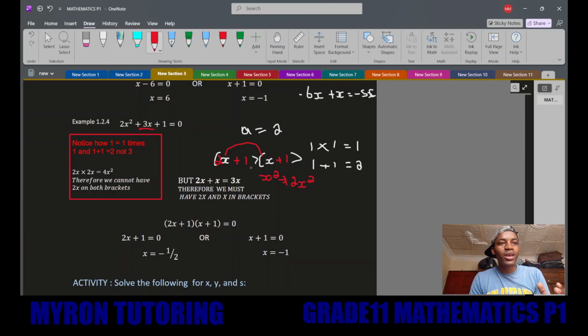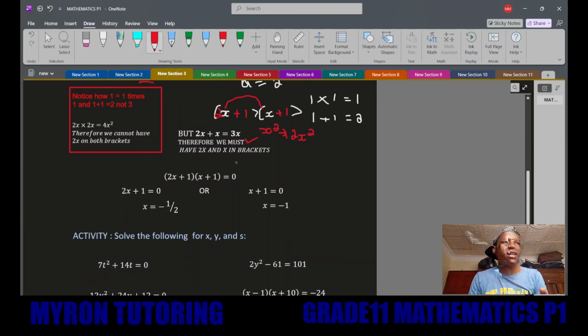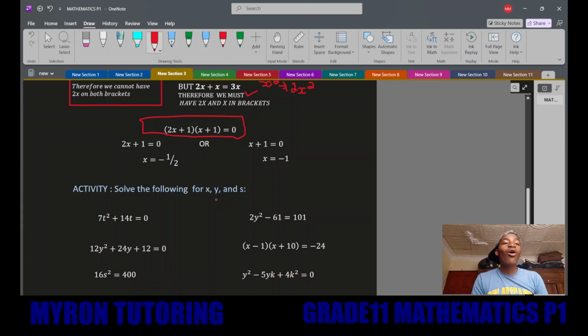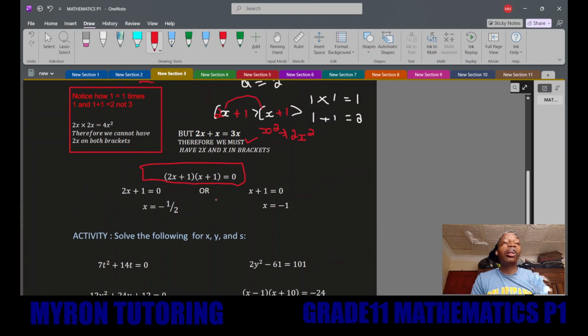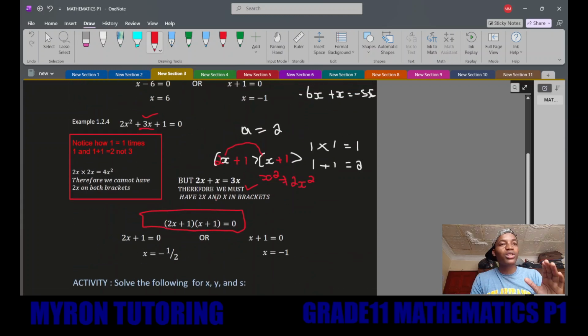And when you multiply 1 with x, you get x. And 2x plus x is 3x. Which means that we have that middle term. So the factorization of this is just 2x plus 1 and x plus 1. All you need to do here was to evaluate what you were given to see if it is possible to get the middle term.